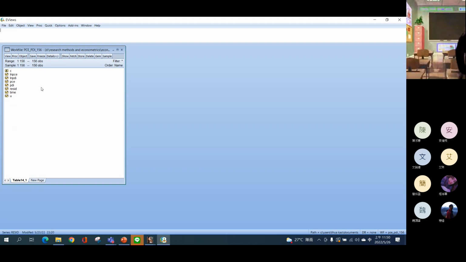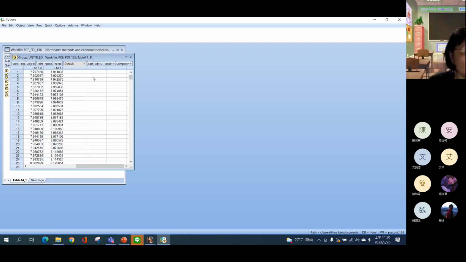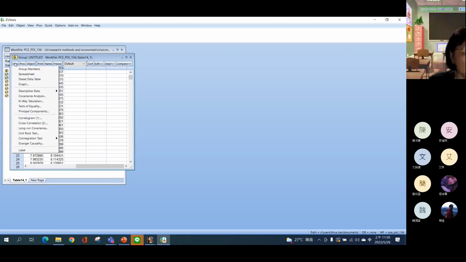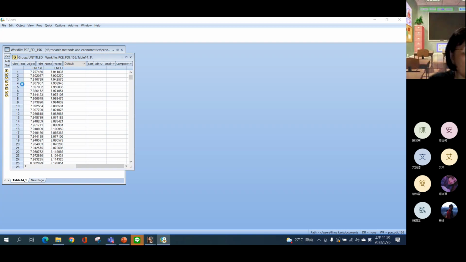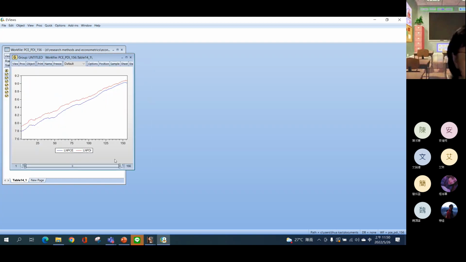How do we plot this one? I'll show these two variables, open as a group, then graph. Then I'm going to see this one.